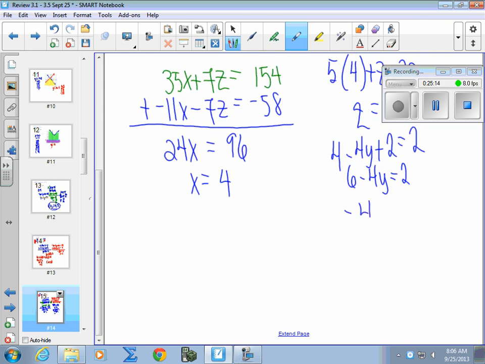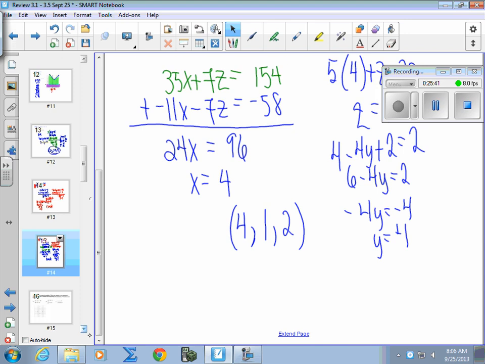So we have negative 4y is equal to negative 4, and y is equal to positive 1. So the ordered triple is 4, 1, 2. Yes, plus 1. Thank you. So we get 4, positive 1, and 2. All right, good. Everybody good to go on that?